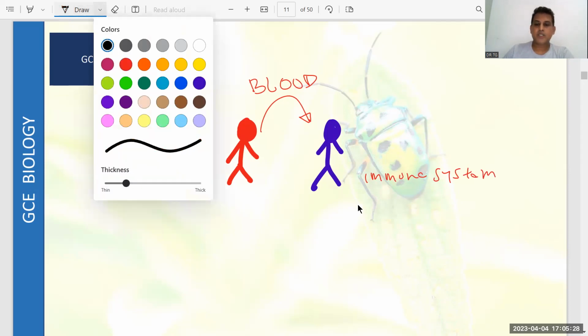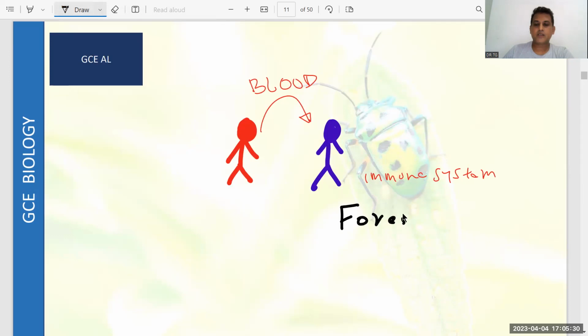The immune system thinks that if something from this person is foreign, it is harmful, and it could be a glycoprotein.